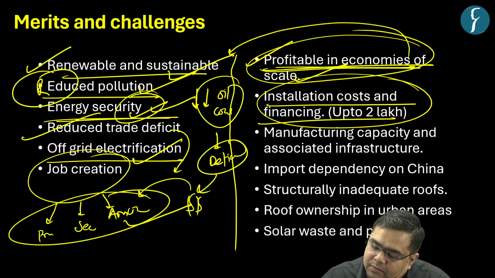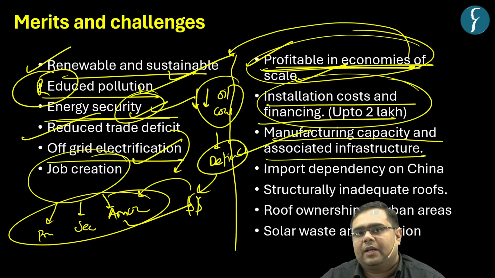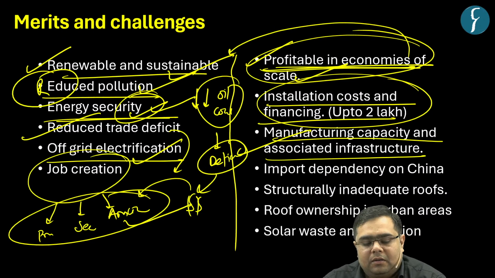That is debatable. Then manufacturing capacity and associated infrastructure is lacking in the country. Again, I would request that those who have seen that day's DNS would already be ready with the factual metrics; we had already discussed the manufacturing capacity in the parent video.